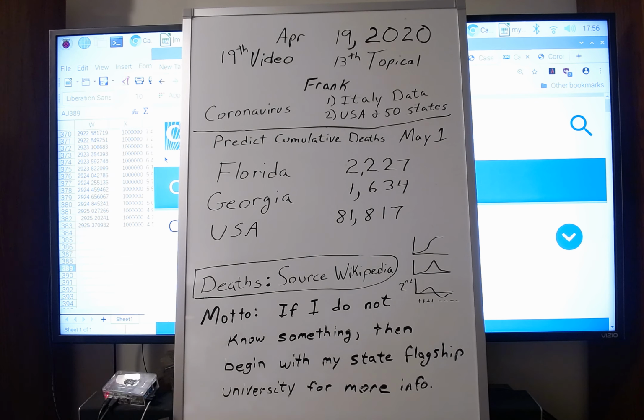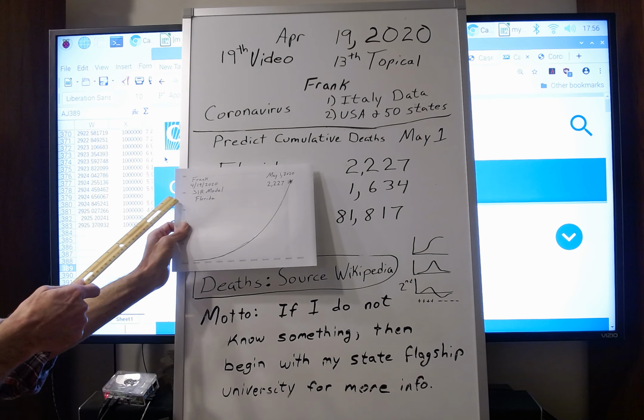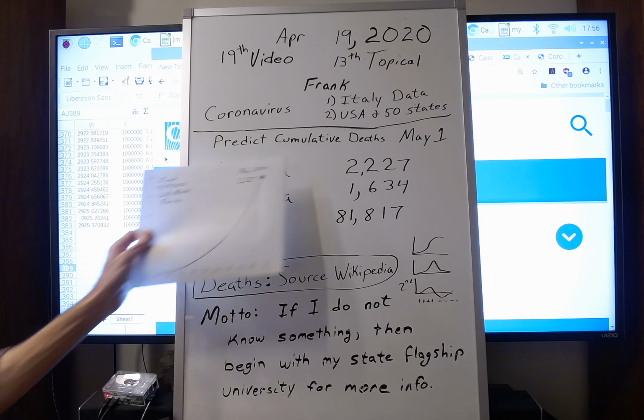Now I predicted for this week, I predicted the deaths for the state of Florida, Georgia, and the USA. For the state of Florida, for May the 1st, I'm predicting 2,227 deaths on May the 1st.